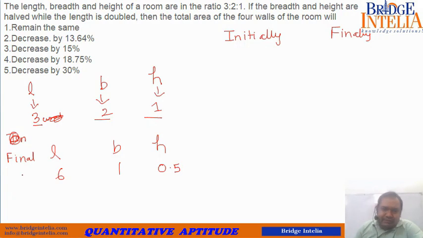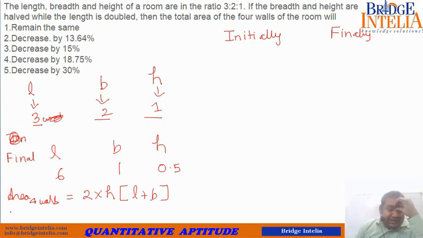Now let us see what happened to the area of 4 walls. What is the formula for the area of 4 walls? Twice into height into length plus breadth. Initial area is 2 into height, which was 1, into length plus breadth, 3 plus 2 is 5. So initially it was 10.